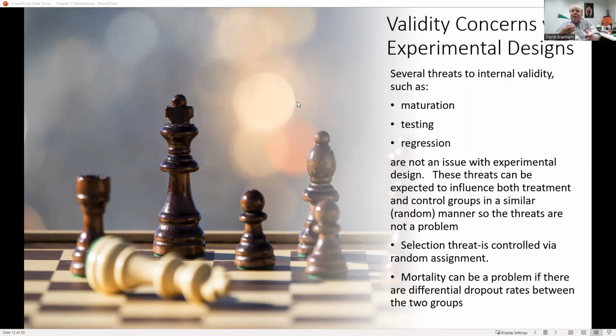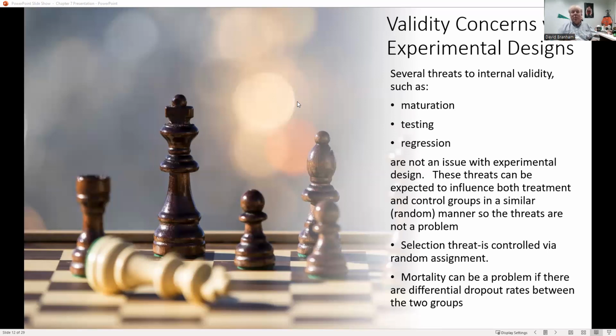If something going on is having an impact on the treatment group, then the same thing is probably going on with the control group. Selection threat is controlled via random assignment, so you're not going to have a selection threat. You don't get to go in the group that you want to. No one gets to choose which group.